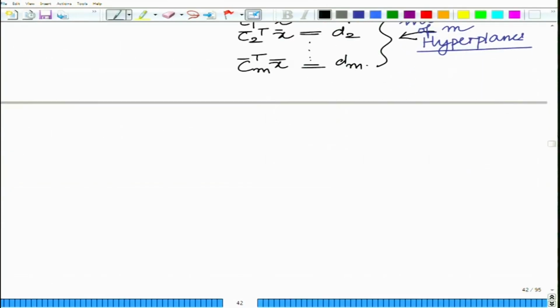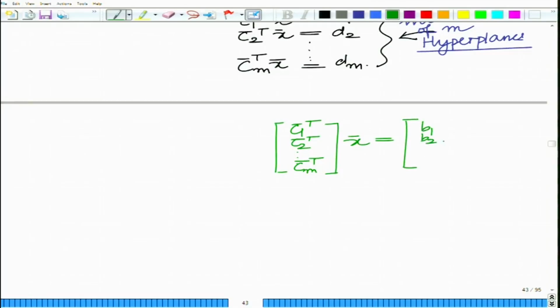Again I can concatenate this system and represent it as follows: C1 bar transpose, C2 bar transpose, up to Cm bar transpose, times x bar equals D1, D2 up to Dm. So, this is the matrix C and this is D bar.